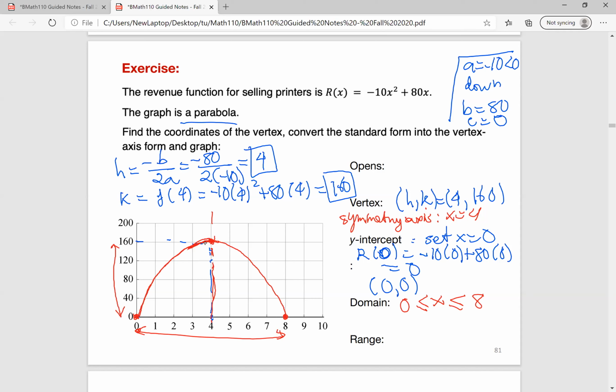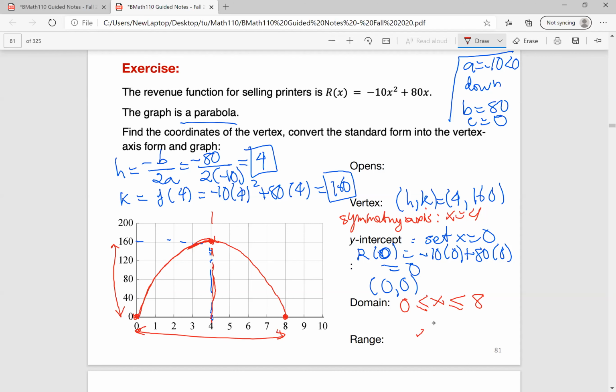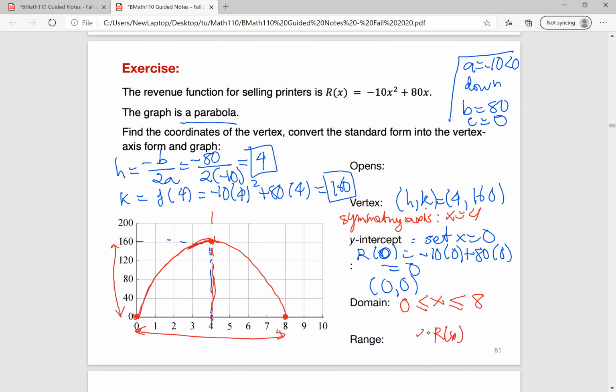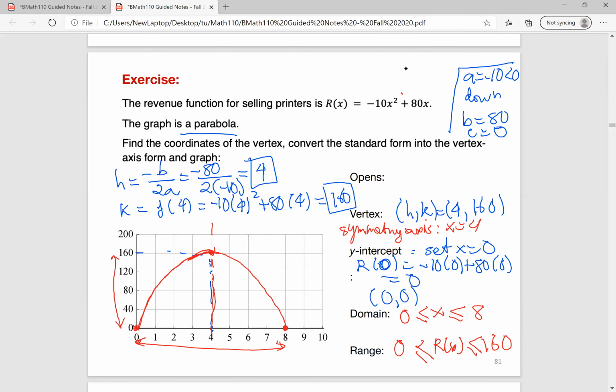See that? So the range, I'm going to say R instead of Y, is 0 to 160.